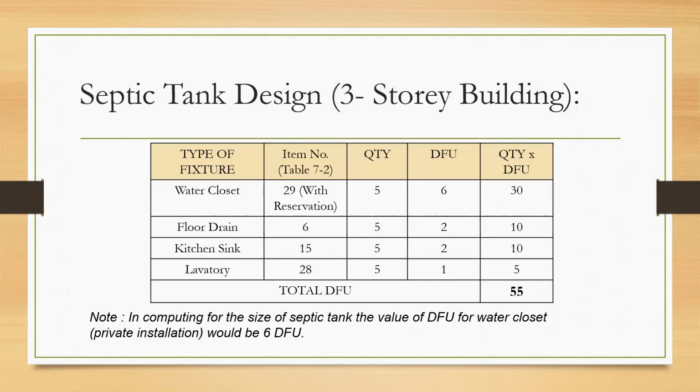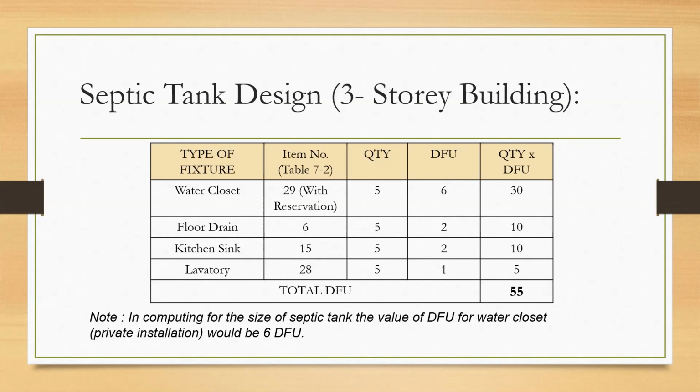Sa septic tank lang po ito magbabago. So, kahit anong type ng water closet, based from the code, 6 DFU agad-agad ang ating gagamitin. Okay? Floor drain, 6. Kitchen sink, 15. Number 15, lavatory, 28. So, pakitingnan na lang po yun doon.